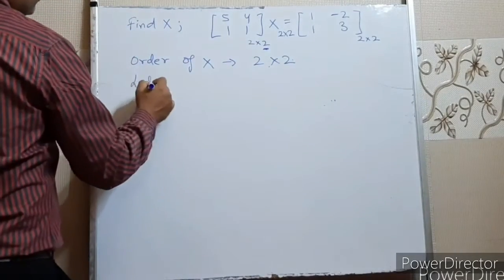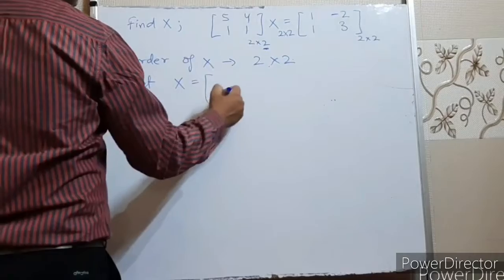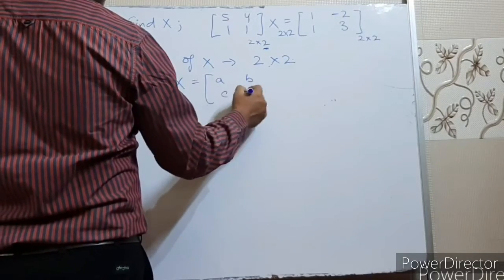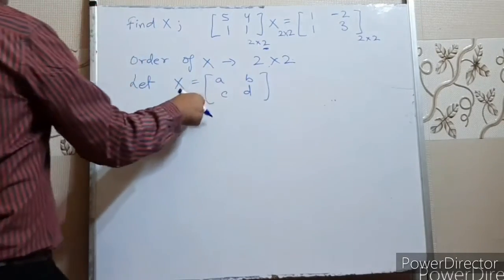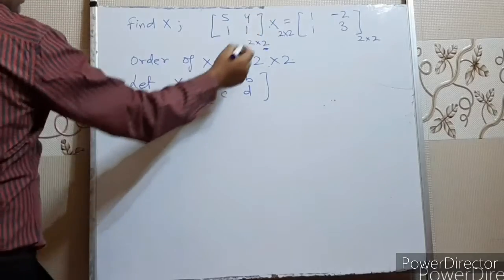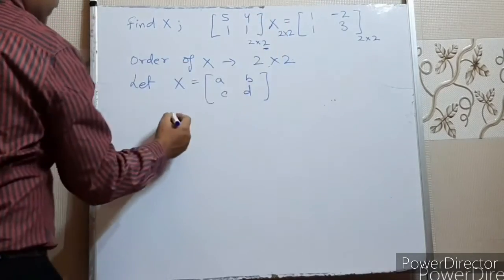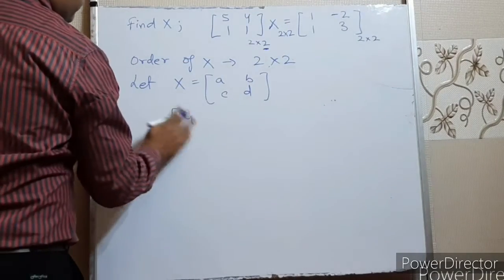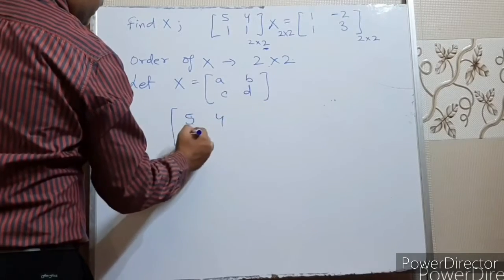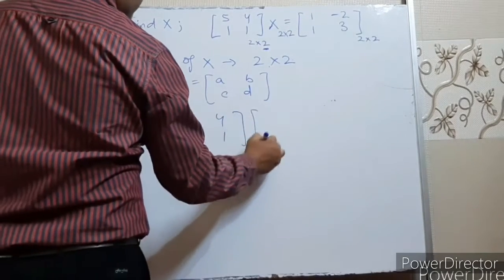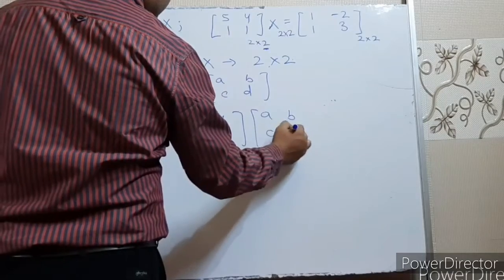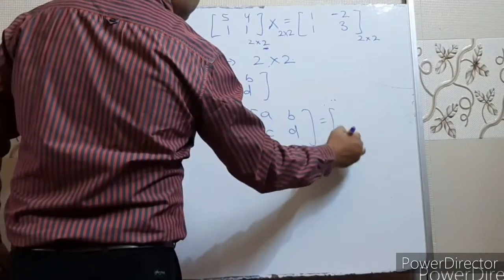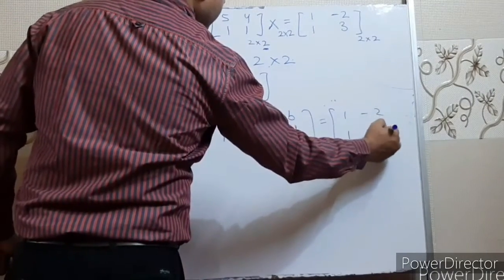So what we'll do, we'll assume x as the matrix A, B, C, D. When you put this value in the sum given, what you'll get? 5, 4, 1, 1 into A, B, C, D, that is equal to 1, 1, minus 2, 3.